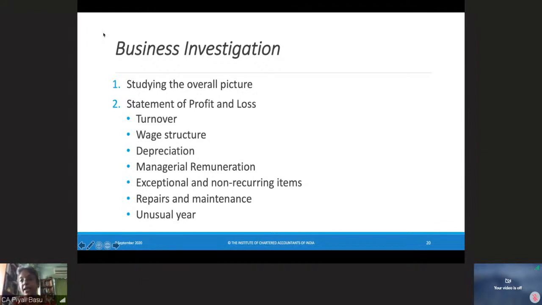If somebody is claiming that we will maintain our business, and you do a due diligence or investigation, it may not be correct. The fall in profit could be because of an unusual year, a situation like this as we are going through.